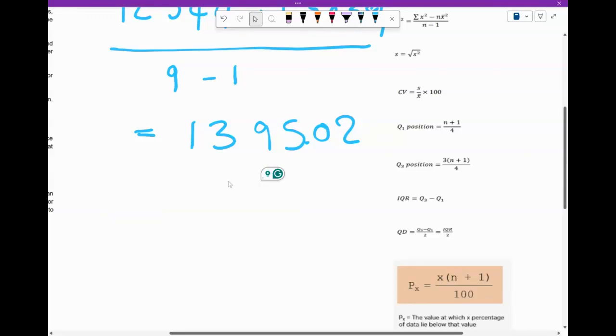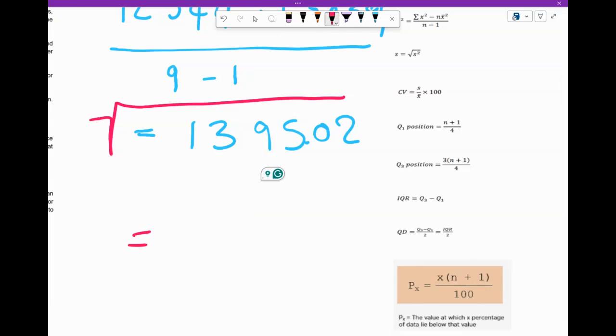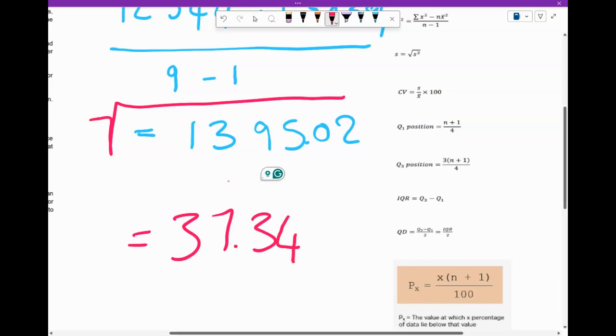Then to get your standard deviation, it's now just the square root of what we've just calculated, okay? So that's how we get our standard deviation. So we take our 1,395.02, and in your calculators, at least with mine, I first need to get my square root, then 1,395.02, and I get 37.34.